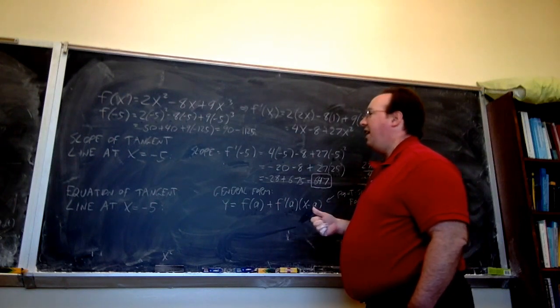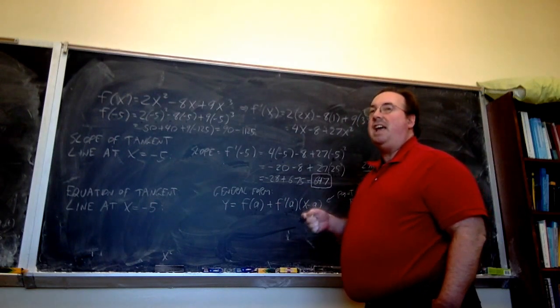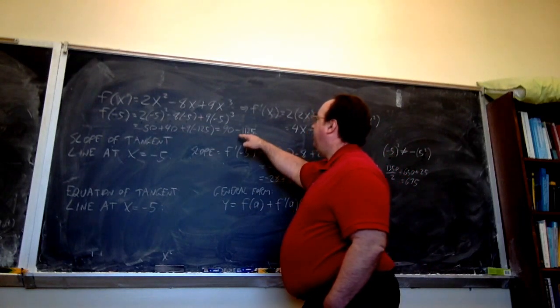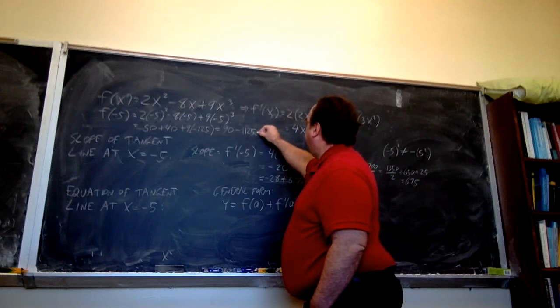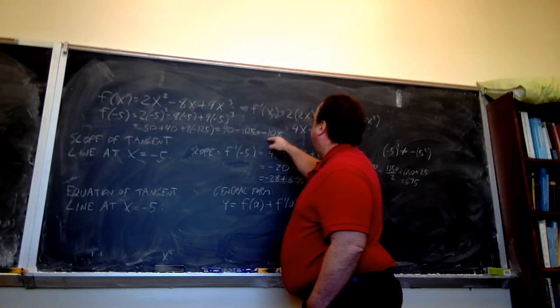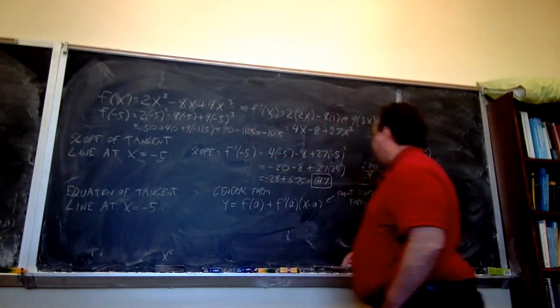Subtracting 90 is the same as subtracting 100 and adding 10 back. So I'd have 1125 minus 100 is 1025, plus 10 is 1035, but the whole thing is negative, so I have minus 1035. So that is f of minus 5.